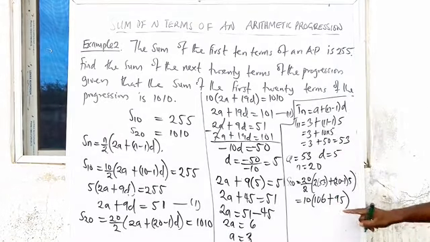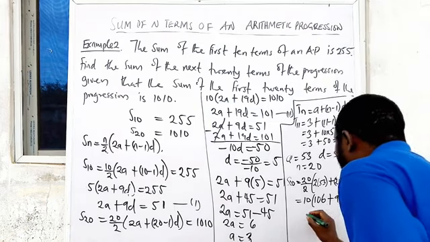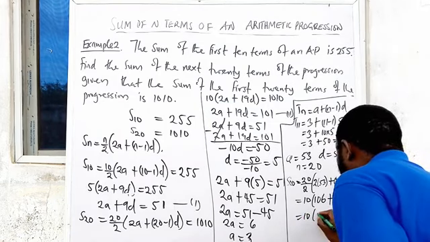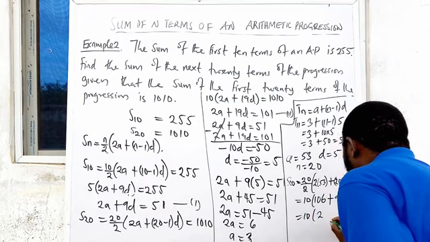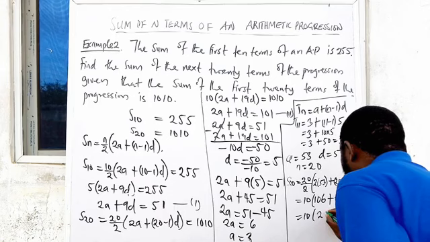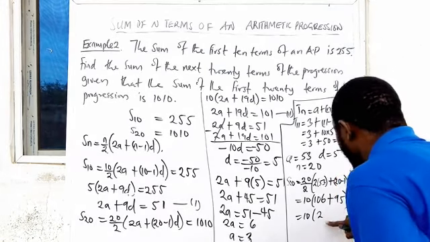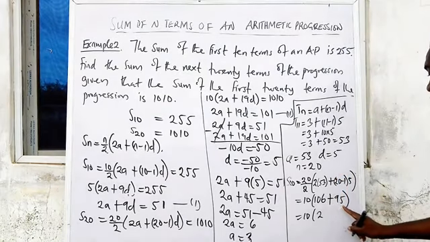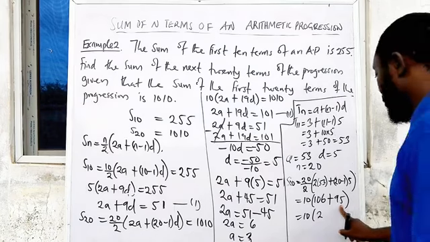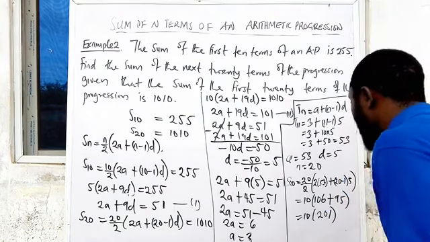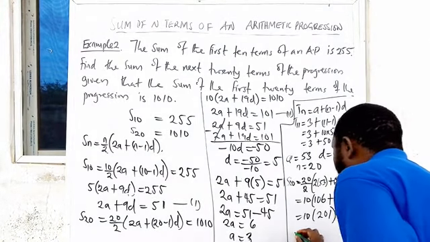Now we sum these two together. So we have 10, open bracket, this plus this. That is 201. Multiply this, so we have our S20 now.